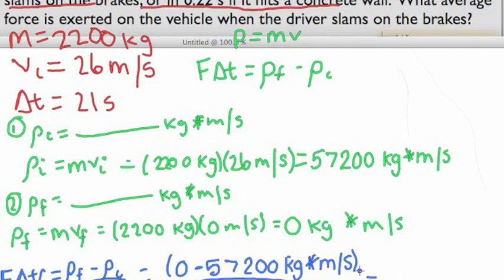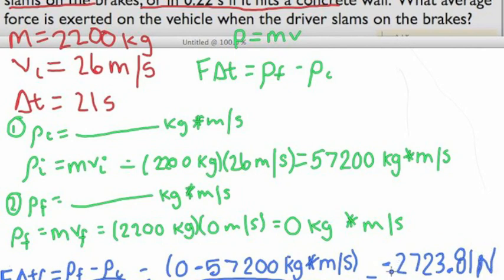So you're going to get a negative number, that's okay. And it'll be in newtons because we're doing a force.